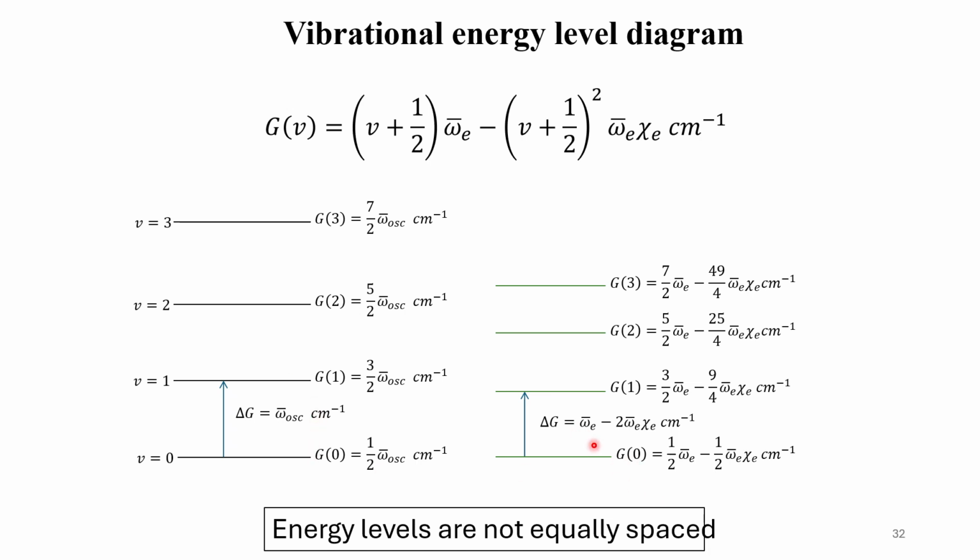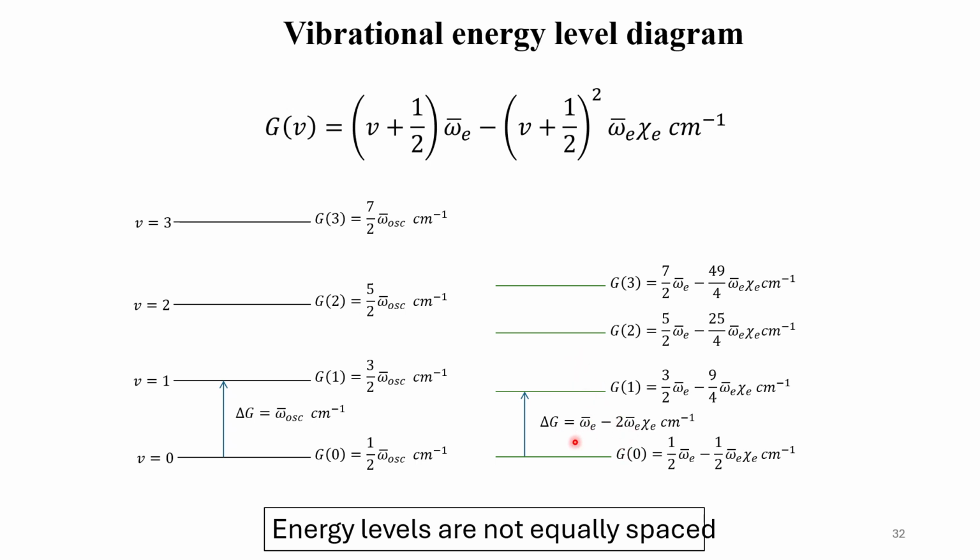But for the anharmonic oscillator, the energy differences between one level and another are not the same. If you find the difference between G2 and G1, as well as G3 and G2, you will see that the values are different from one to another.